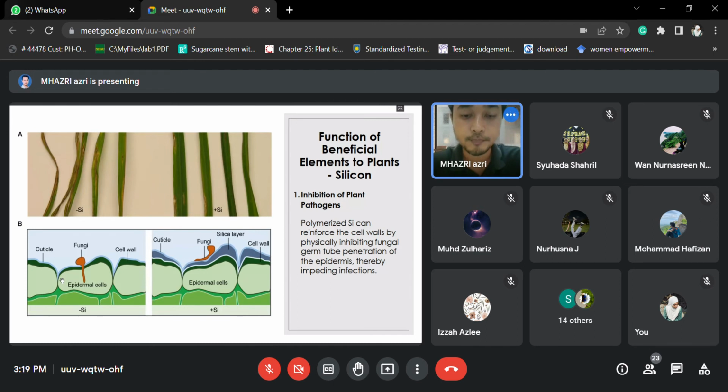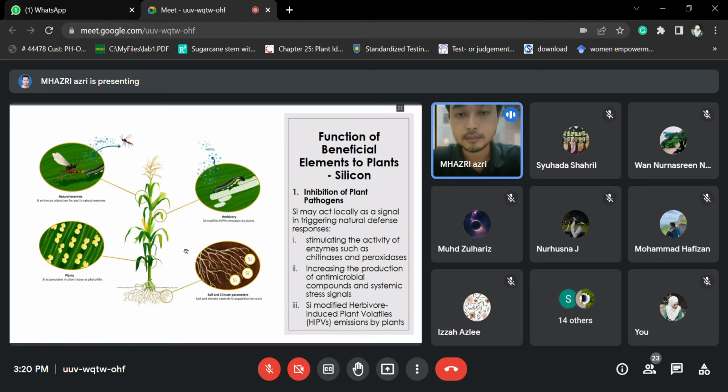So dia serve macam as a shield, okay, sebagai pelindung pada cells ni daripada fungi. So fungi ni bila dia hasilkan hydrolytic enzymes, these hydrolytic enzymes cannot solubilize the silica layer at the outer root cells ni tadi, root tissues ni tadi. Okay, so this pathogenic fungi dia tak boleh infect pokok padi ni tadi. Okay, so faham ya?